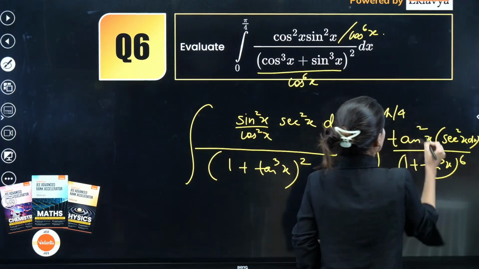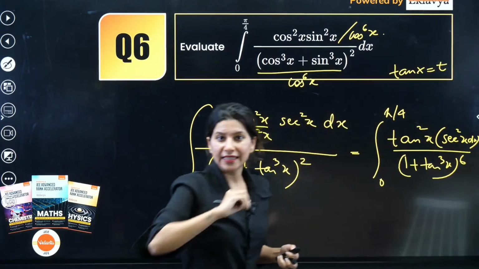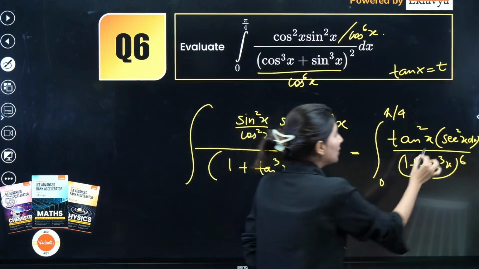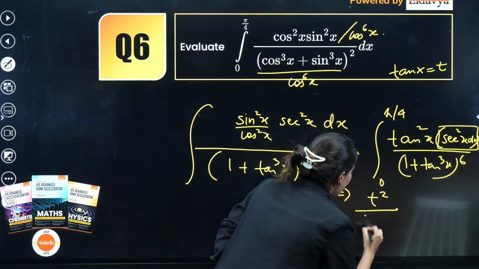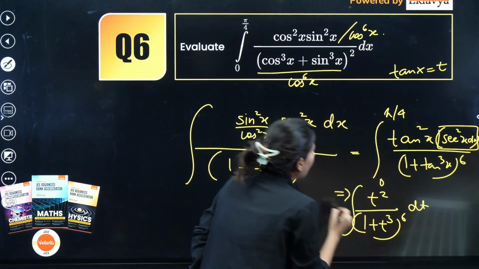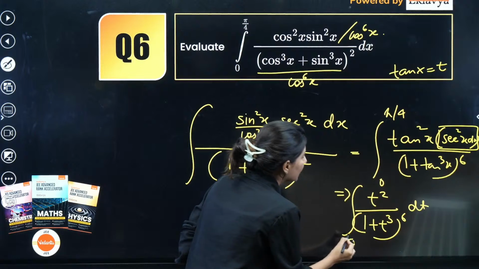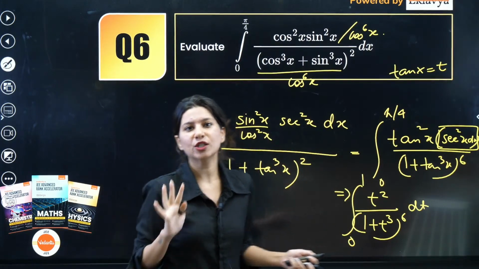And the moment we get this, tan x should be equal to t. So sec square x dx will become what? dt, right? So this is t square upon 1 plus t cube raised to power 6 dt, and x is equals to 0, t is equals to 0, so 0 to 1. Now you have to put t cube is equals to something.